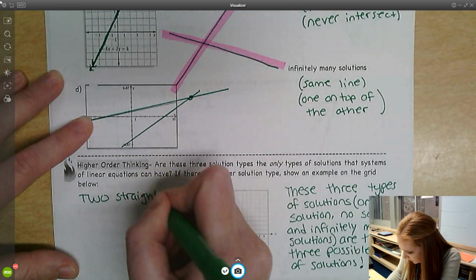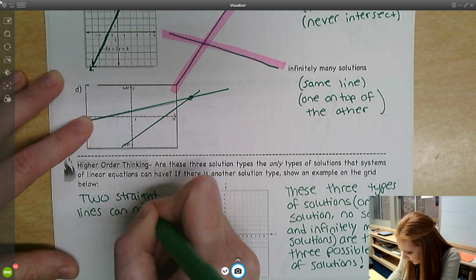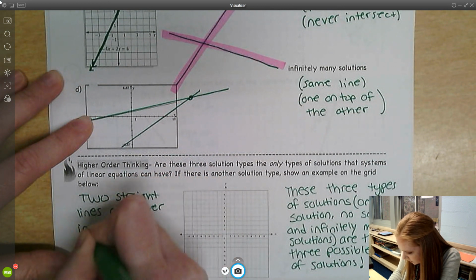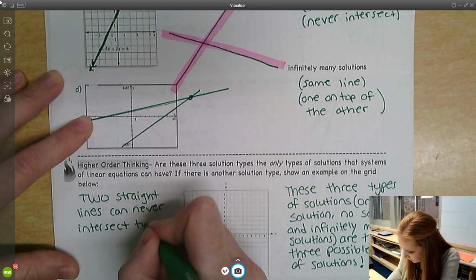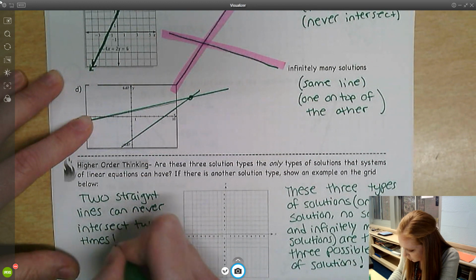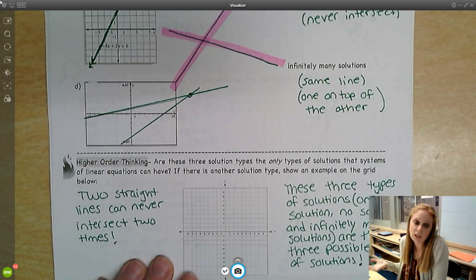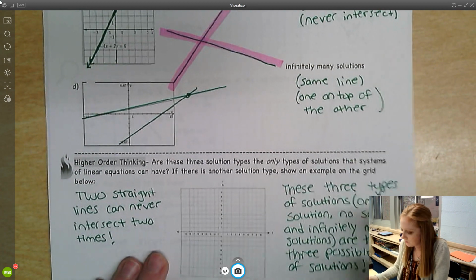Two straight lines can never intersect two times. So if you're thinking 2 solutions, it's impossible to draw 2 straight lines that are going to intersect 2 times.